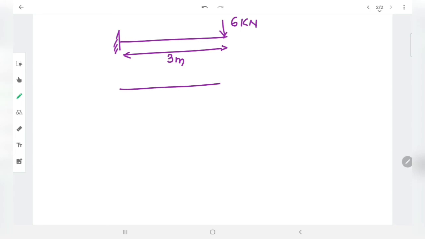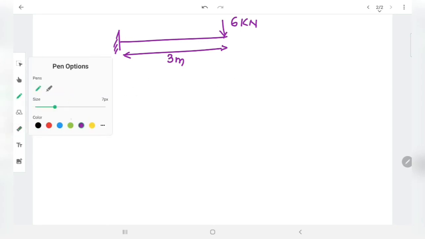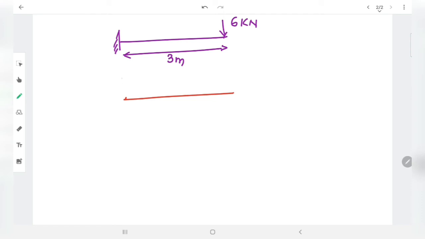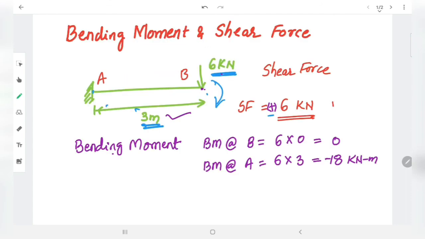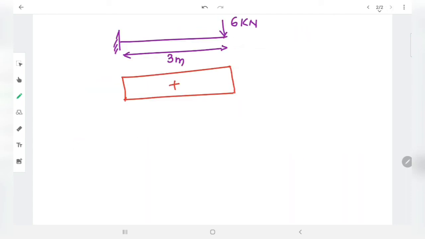So first I will draw the shear force diagram. This is a beam. The shear force we got here is 6 kilonewton, so I will be writing 6 kilonewton. Above the axis it will be taken as positive.